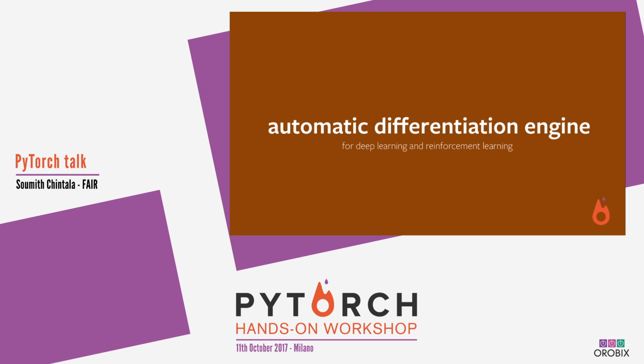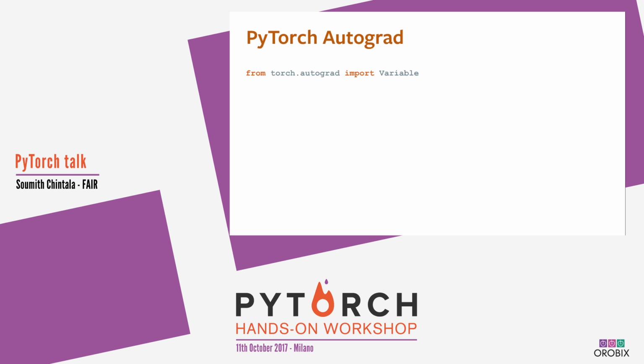So coming to our automatic differentiation engine, I'll take you through what it is in a quick example. We have one package called torch.autograd. This package implements all the operations that torch tensors implement, but you can take the derivatives of one operation with respect to another.